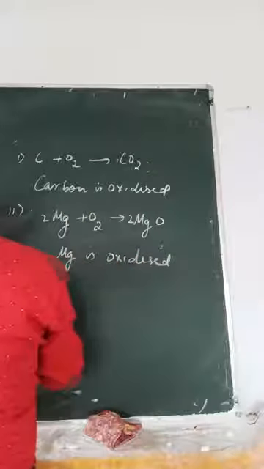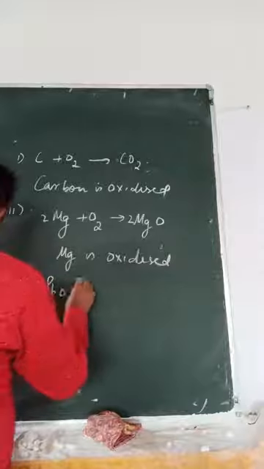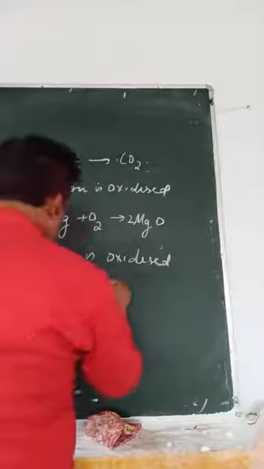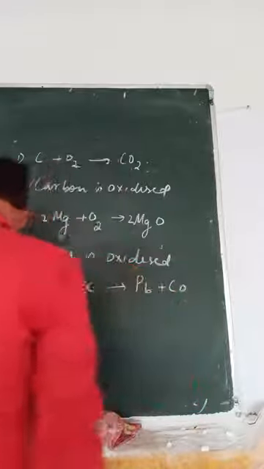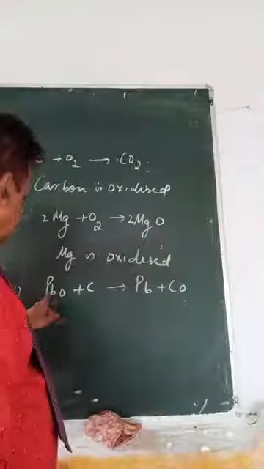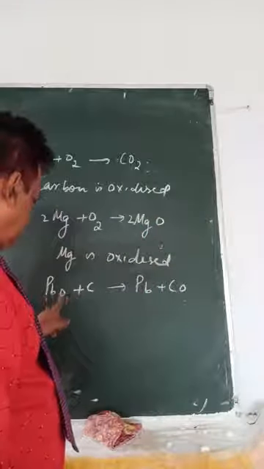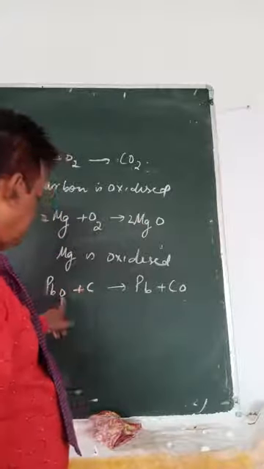Similarly, if I write PbO plus C gives you Pb plus carbon monoxide. Look here, PbO becomes Pb. That means oxygen is removed here.